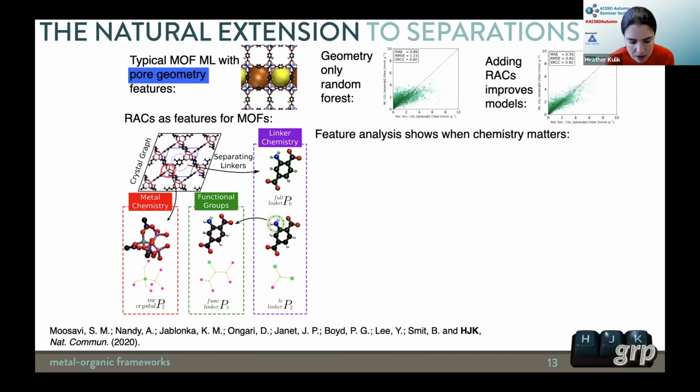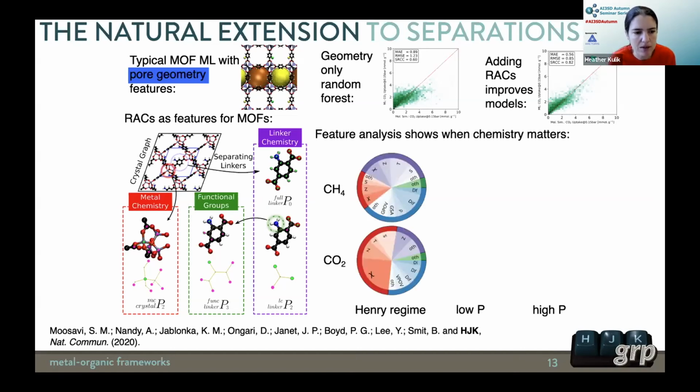But more importantly, besides just prediction accuracy, I hope to this point I've impressed upon you thus far that we want to carry out feature analysis, figure out why the machine learning model is learning what it is. And so we can look at the ultra low pressure regime, and high pressure regime for 2 similar molecules that people often look at for separations, and that's methane and CO2. And so what we can see is that in the ultra low pressure regime, the red, green, and purple parts of this pie chart tend to dominate, especially for CO2 more than methane.